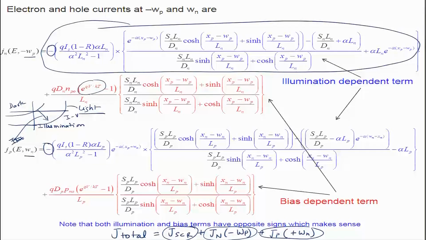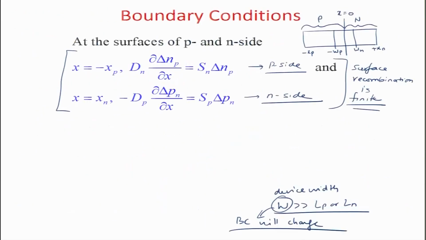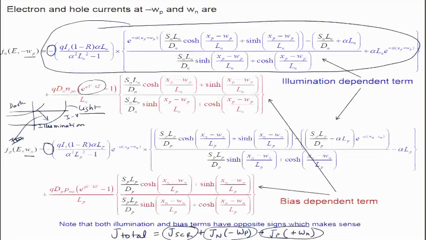So now you will appreciate why we separated. So when I was saying that J total, I said earlier that J total was equal to Jn at minus Wp plus Jp at minus Wp.